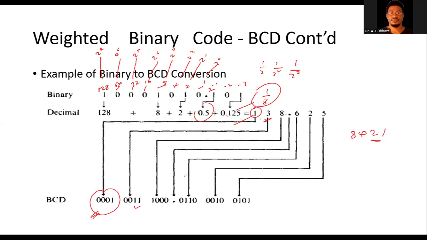Then for 8, just 8 is turned on. Then for this 6, 4 and 2 are turned on. 4 plus 2 is 6. Then for this, which is 2, just the bit position 2 is turned on. And for 5, 4 and 1 are turned on. So that's how we got this.